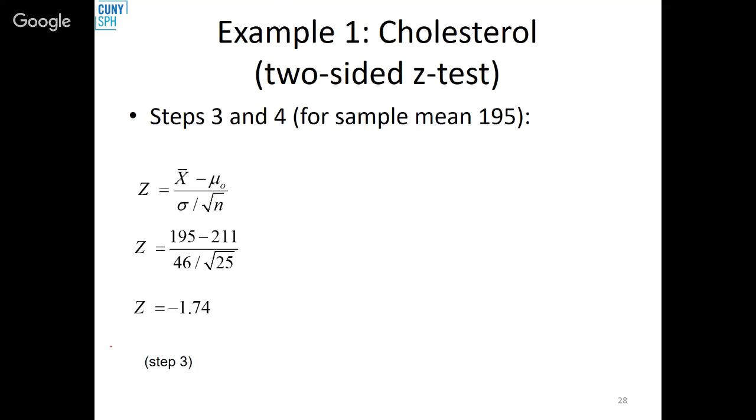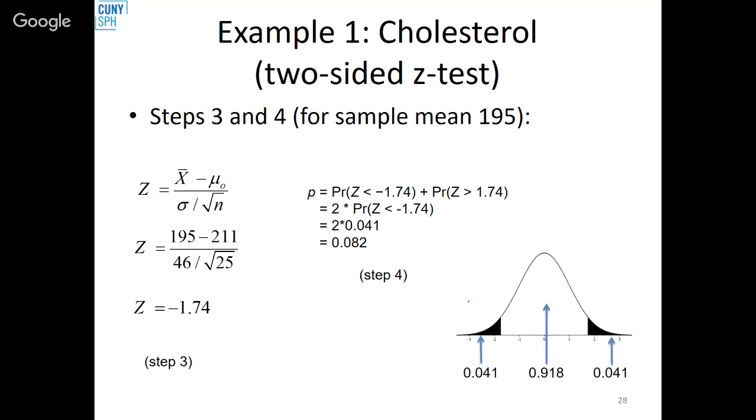So I think I've actually done that here for a Z value of minus 1.74. That probability under one tail is 0.041 and under two tails is 0.082. So the p-value is 0.082. So for the Z test, we can estimate a p-value by looking it up in a table.